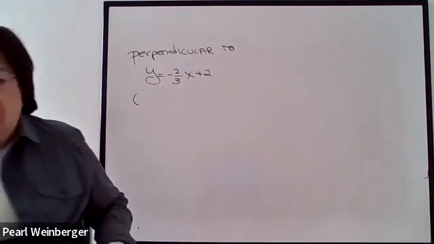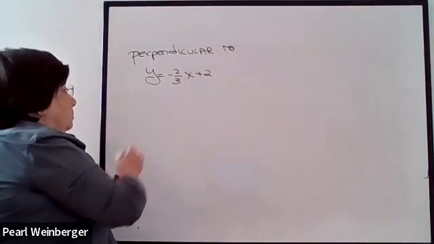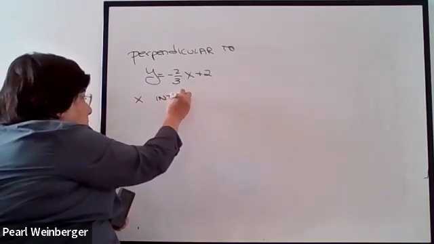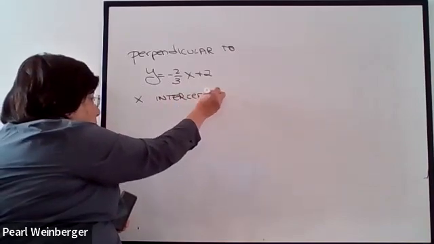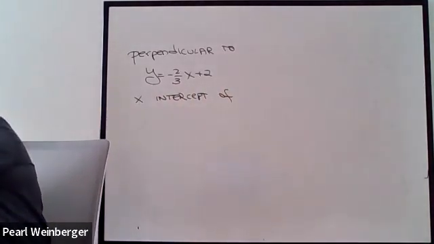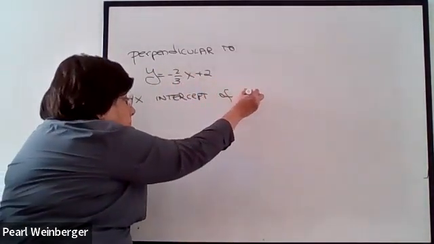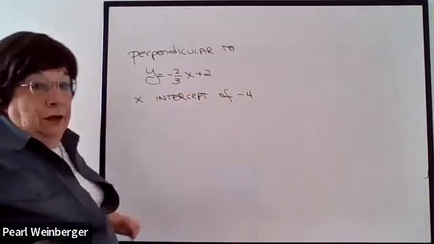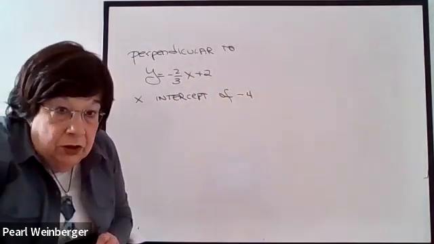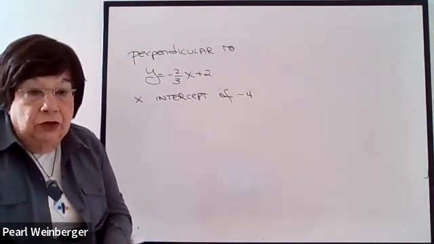And passing through the point, it's a little bit different, and has an x-intercept of -4. Okay, we're back to this. We have a description of a line, and we're trying to figure out what the equation of this line is.